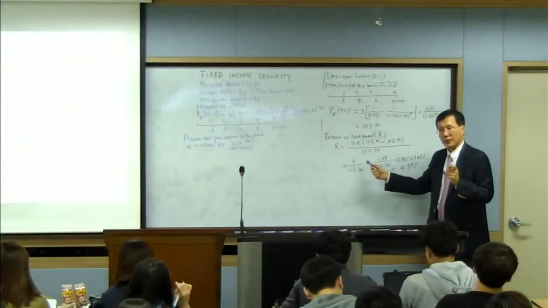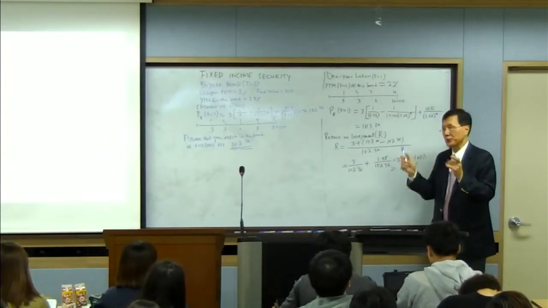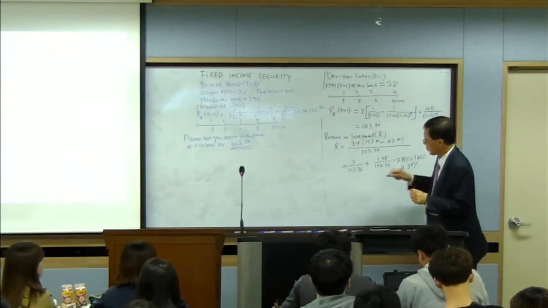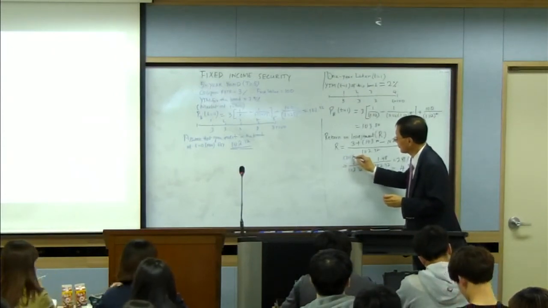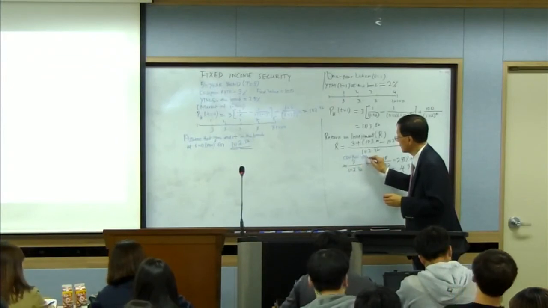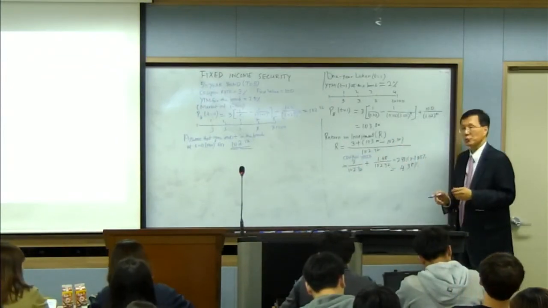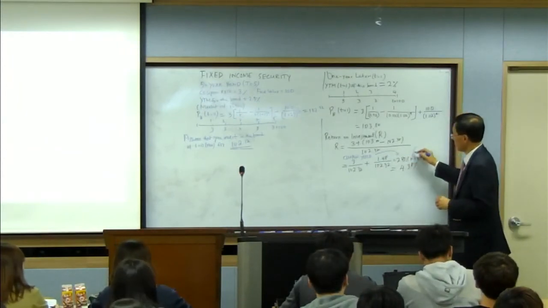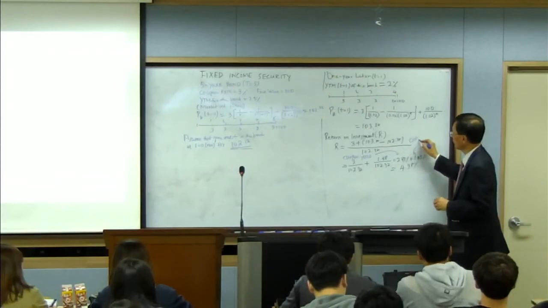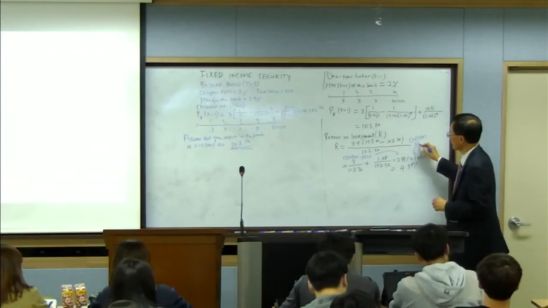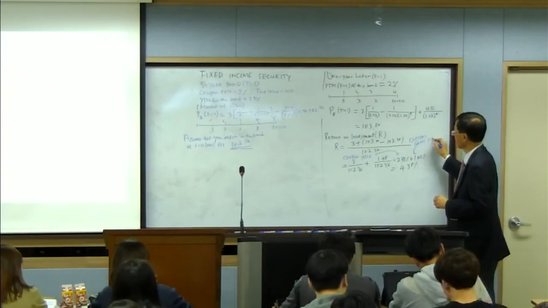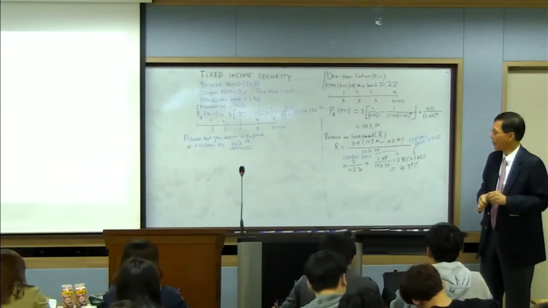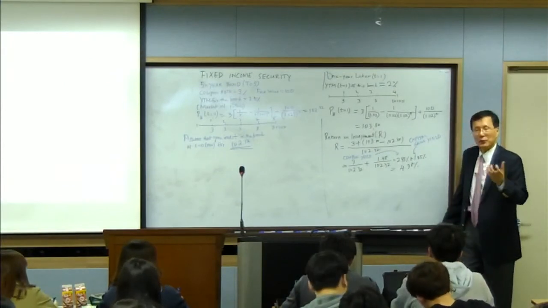Notice that you get income from two different sources. One is interest income or coupon income. That's why it's called coupon yield. Coupon yield of 2.93%. And this one is capital gains. These are the two new concepts: coupon yield and capital gains.